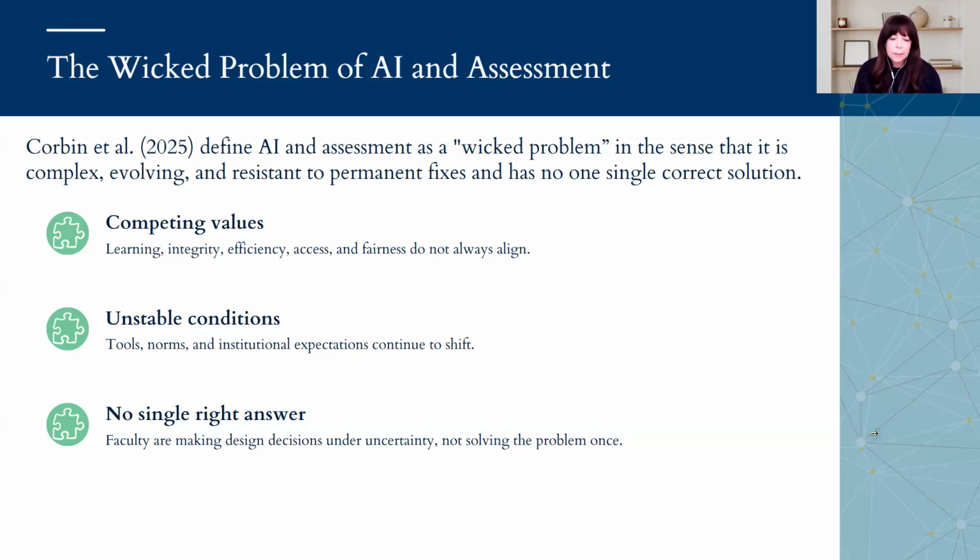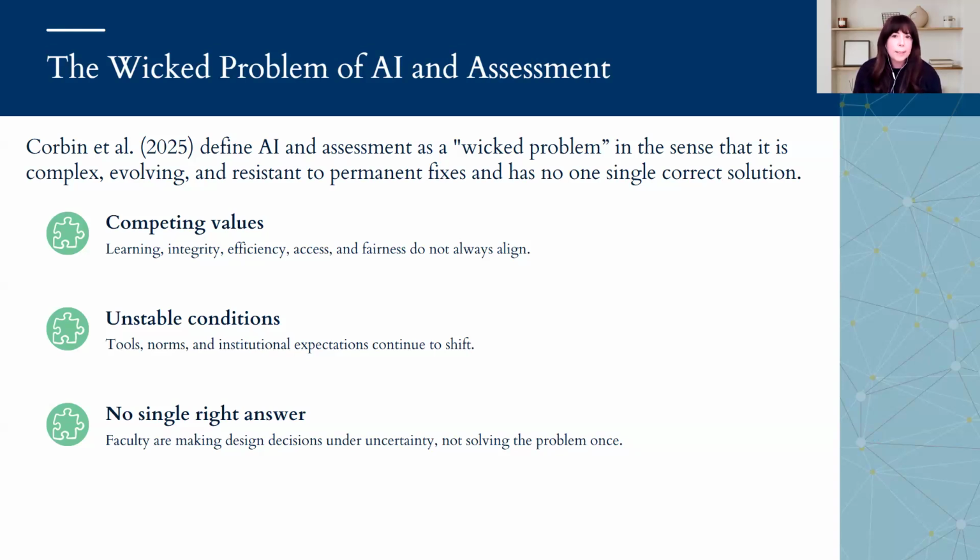The framing comes from this idea of a wicked problem, a theoretical anchoring borrowed from design and policy thinking. It describes certain problems as being complex, shifting, and resistant to permanent fixes. In a previous workshop, we talked about AI and assessment as fitting that definition rather precisely, and so we're turning to that framing today as a theoretical anchoring.